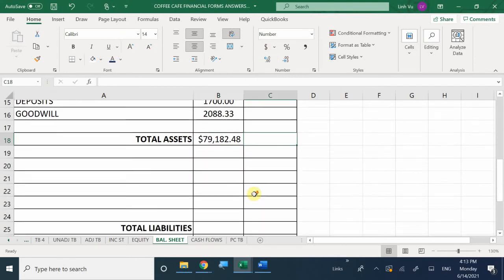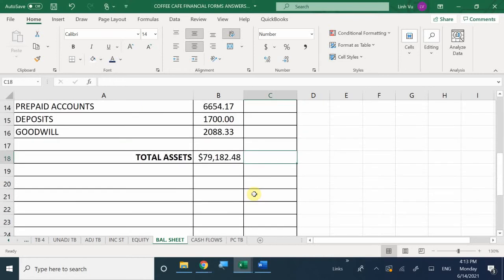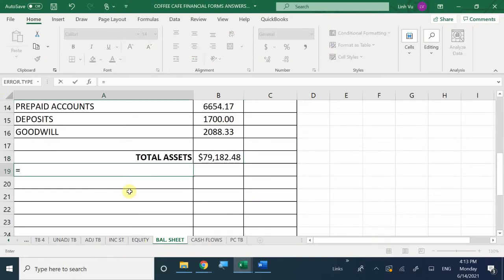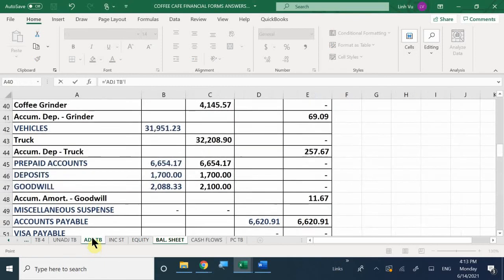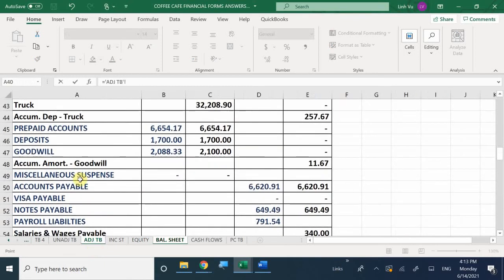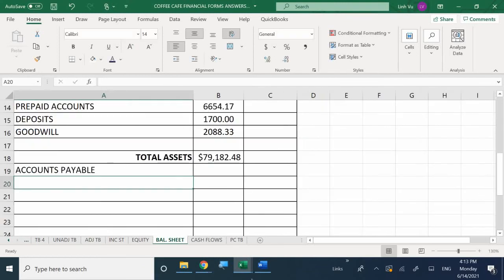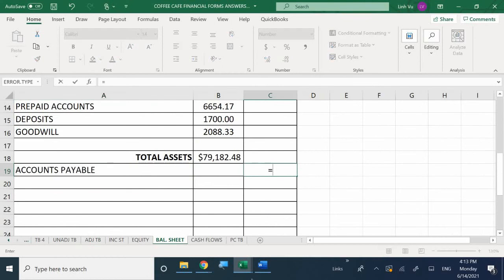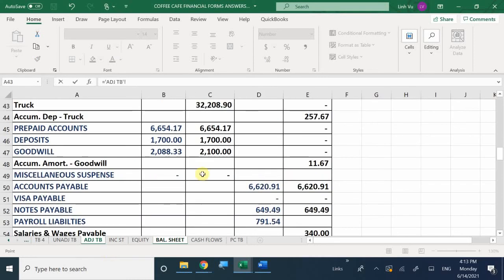Now let's go ahead and list out all of our liabilities. So let's start with the first one. What is the total of my accounts payable? 6620 and 91 cents.